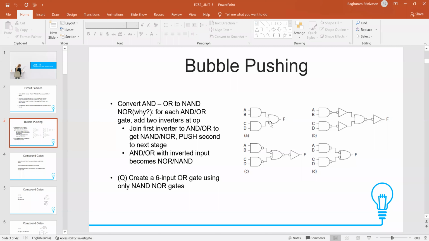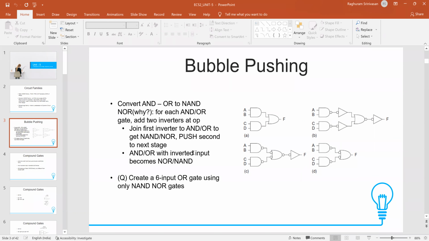By now, all of you know that CMOS is naturally inverting, which means that AND and OR cannot be implemented directly. So in the gate level diagram also, we don't want AND and OR. That is what this method tries to do.